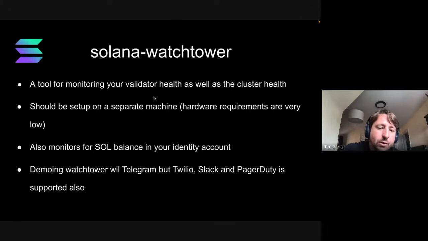So Watchtower can notify you that if your balance goes below a threshold, you can get alerts. And the nice thing about Watchtower is it's got a couple different integrations. So I'm going to show Telegram, but it also has the ability to integrate with Twilio, Slack, and PagerDuty now. So lots of different options for getting alerted essentially if your validator has an issue.